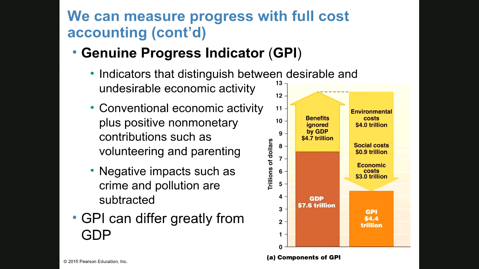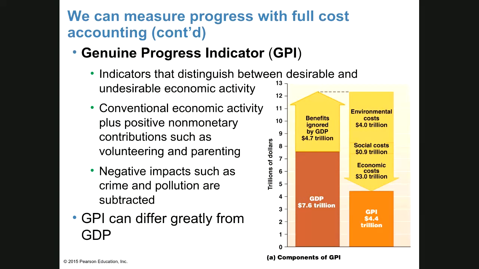So what you see on the left in our figure here, the gross domestic product bar represents about $7.6 trillion. And then we get these benefits that are ignored, and we can add another 4.7 trillion. But when we take that total value, which is just over $12 trillion, and now break it down into a truly genuine progress indicator, so how much progress we're making for our buck, so to speak, we have taken out the environmental costs, the social costs, and the economic costs.